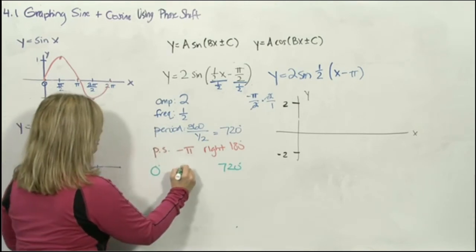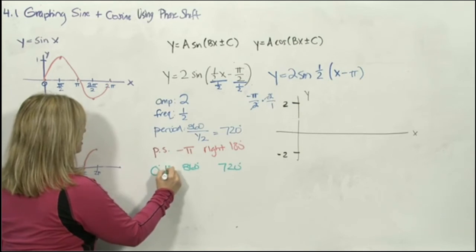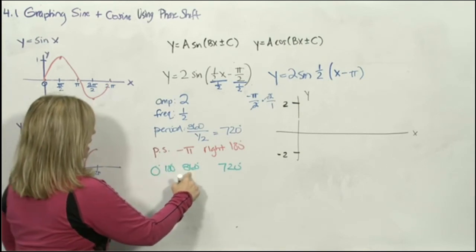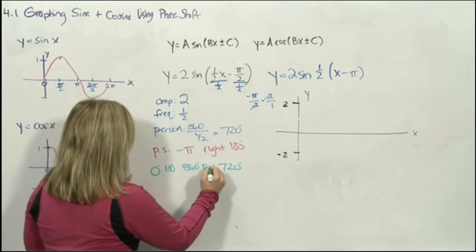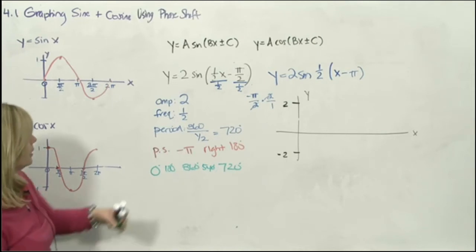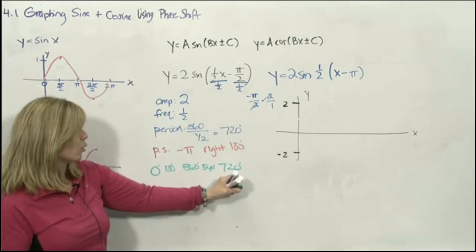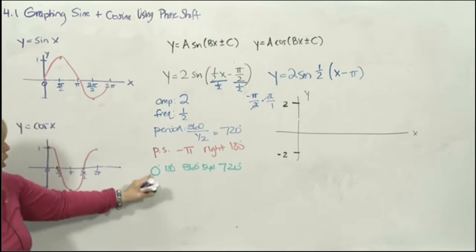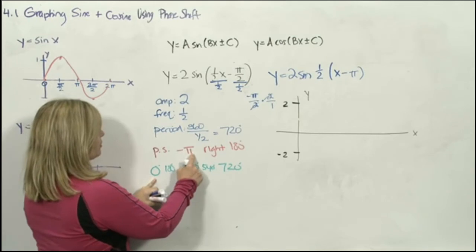And halfway would be 360, and halfway between 0 and 360 would be 180, and halfway between 360 and 720 would be 540. Okay? So if we were drawing this curve, if it had a frequency of half, we would start at 0 and go all the way to 720. But is our curve starting at 0 degrees? Nope. You told me we had a phase shift.